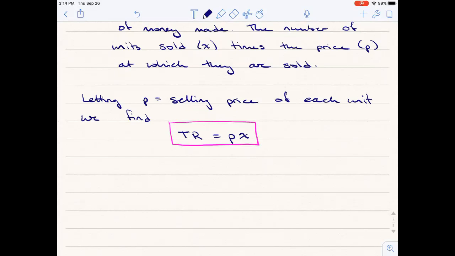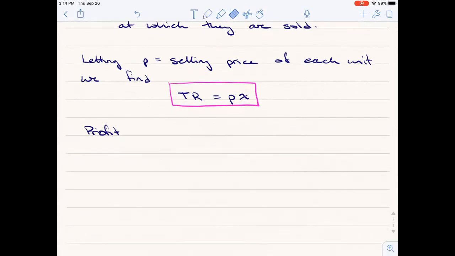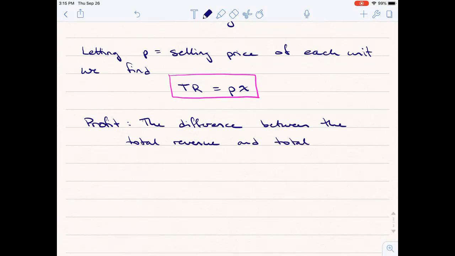So now we have all our components, and like we said, the profit is going to be the total amount that we make, the total revenue minus our total costs. The profit is the difference between the total revenue and the total cost.